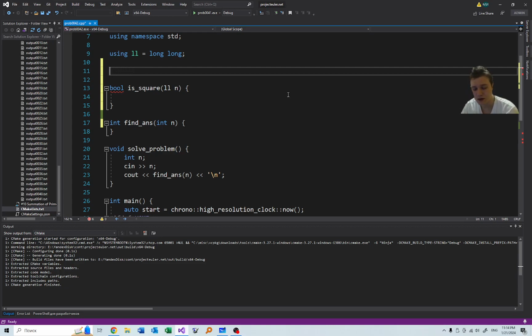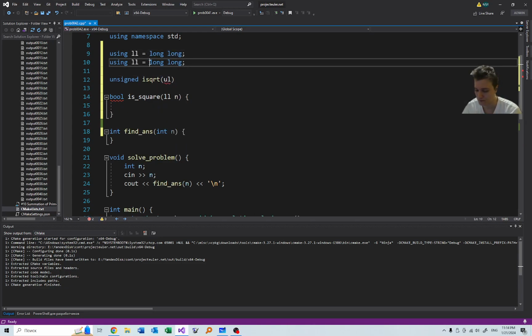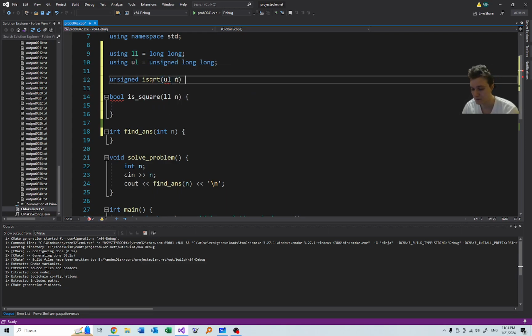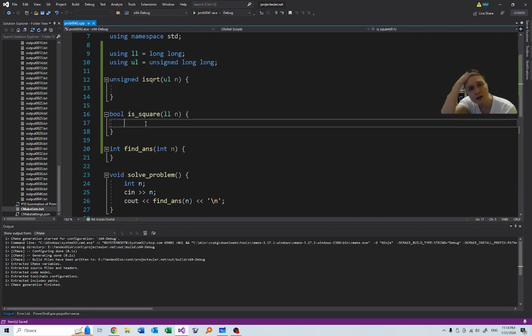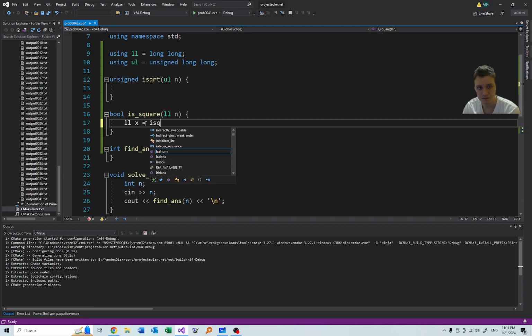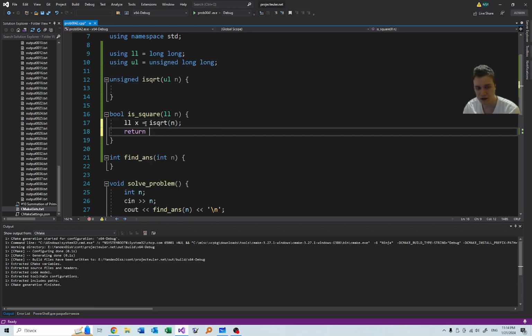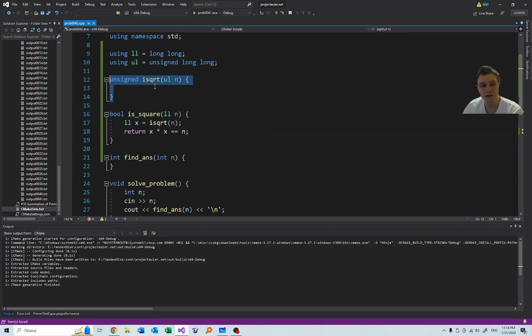Let's make it unsigned. So then, if we want to check if a number is a square, we simply find its square root and check that x times x is n. So now we need to write this function.